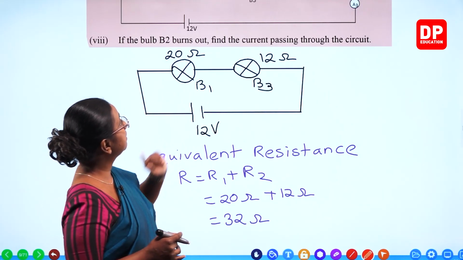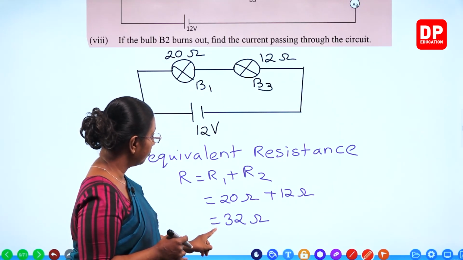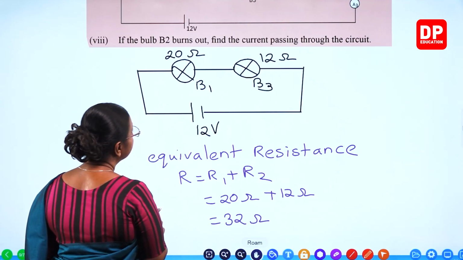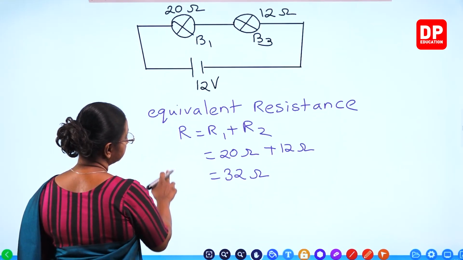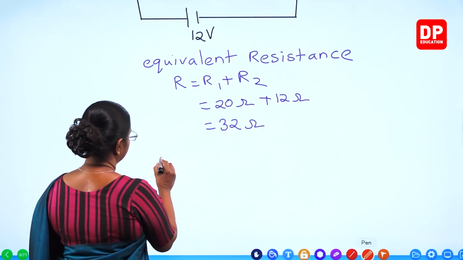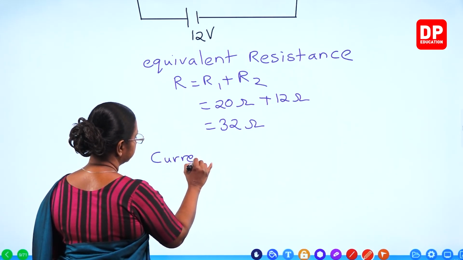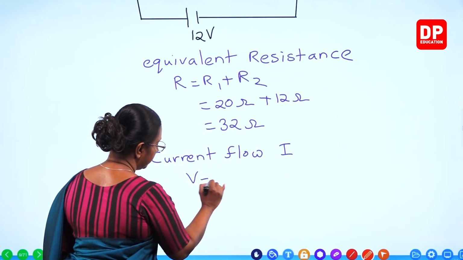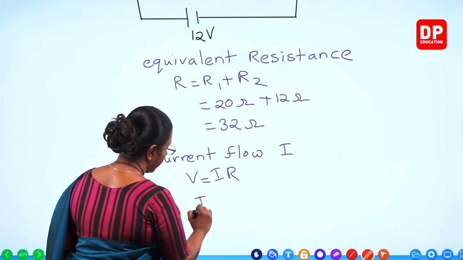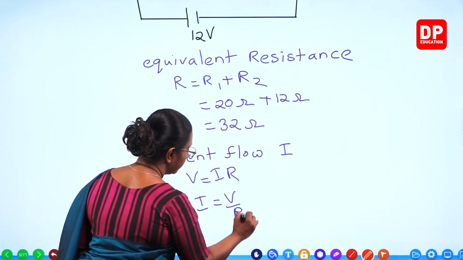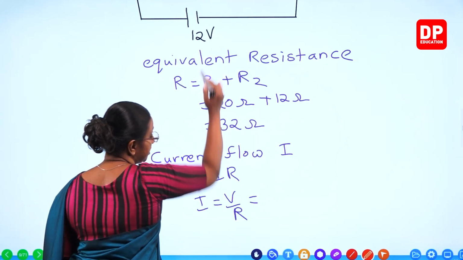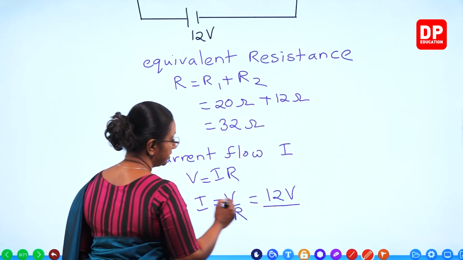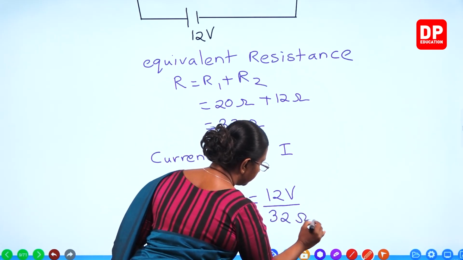So B1 and B3 are there, 20 ohm and 12 ohm. The equivalent resistance becomes 32 ohms. Then to find the current flow, V equals IR, I is equal to V over R, that is equal to potential difference 12 volts divided by equivalent resistance 32 ohms.